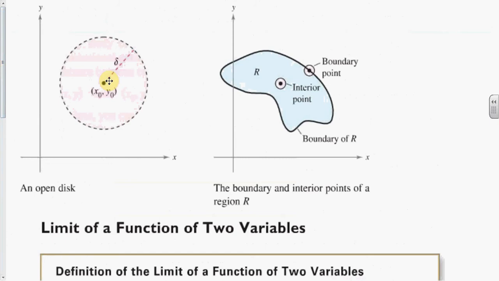So here I have this center, x naught, y naught, and if I can draw a disk, the disk has a radius, the radius is delta. So when I create this delta neighborhood, can I find points about x naught, y naught?